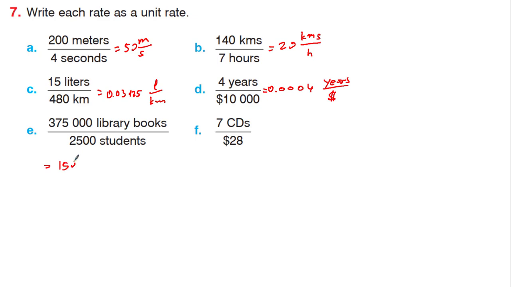That means 150 library books per student. Now it should be singular because there is one student there. Under F, 7 CDs per $28. If you divide 7 by 28, that should be 0.25 CDs per dollar.